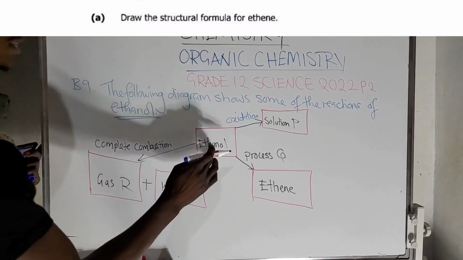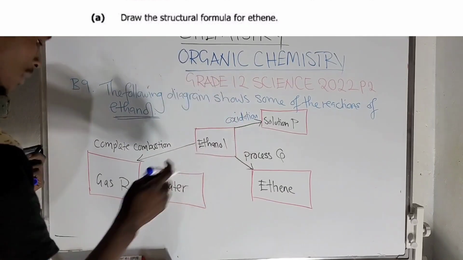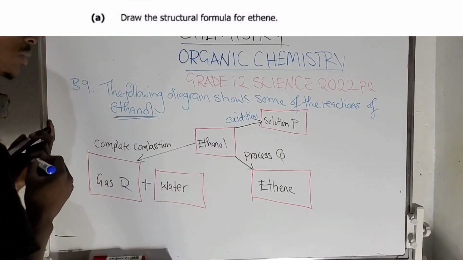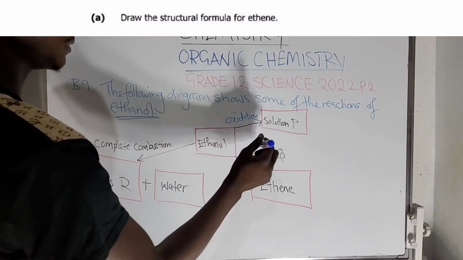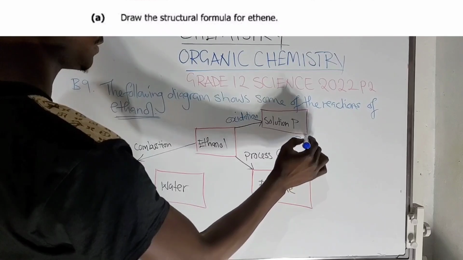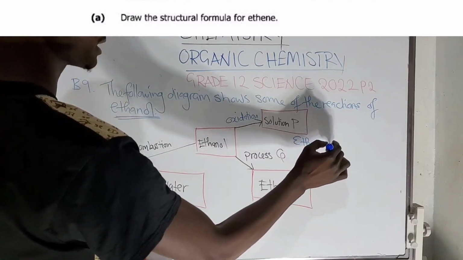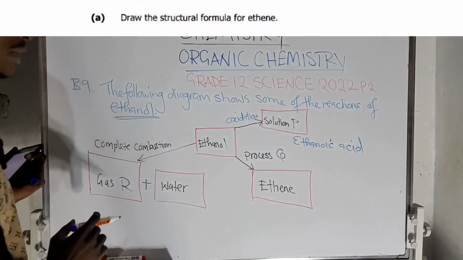When ethanol is oxidized, ethanol undergoes oxidation to form ethanoic acid. All right, to form ethanoic acid.